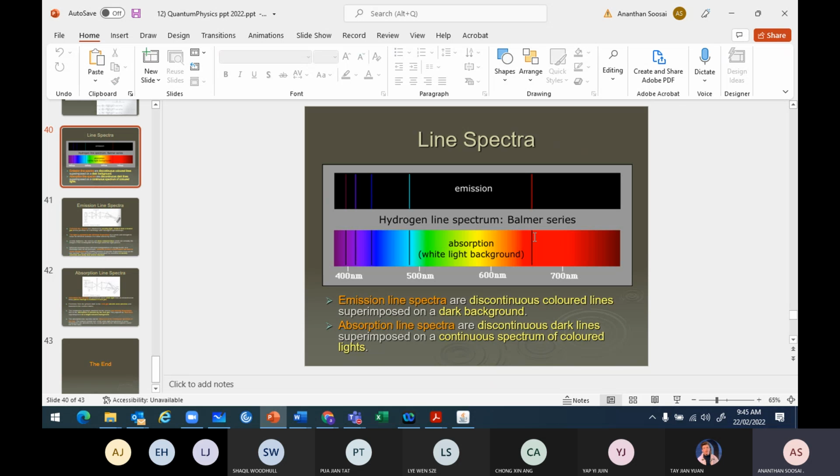They shine the light and see this emission or absorption spectrum, to identify what type of mineral it is. Different minerals have different energy levels, so aluminium has its own line spectrum. From the line spectra, they can tell you this mineral contains this element, this element. That is the use of line spectra.